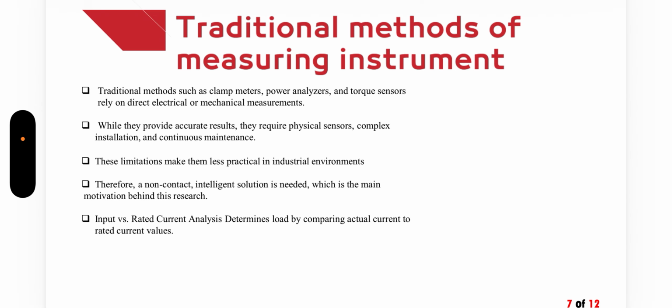While they provide accurate results, they require physical sensors, complex installation, and continuous maintenance. These limitations make them less practical in industrial environments. Therefore, a non-contact intelligent solution is needed, which is the main motivation behind this research.